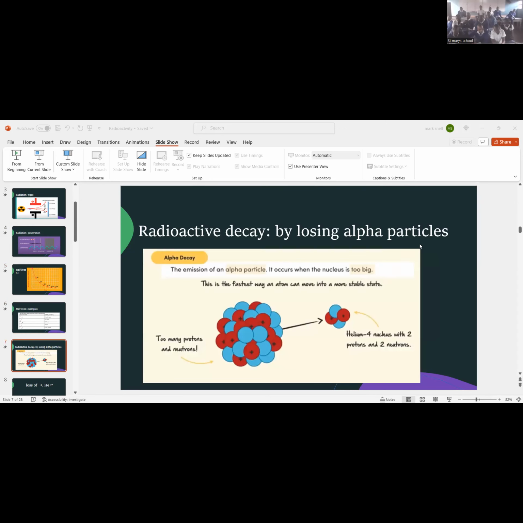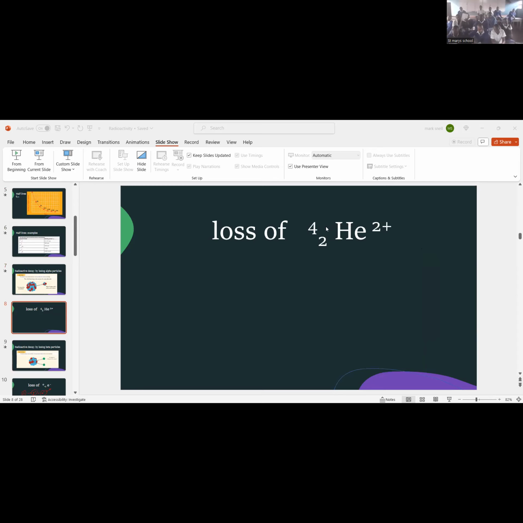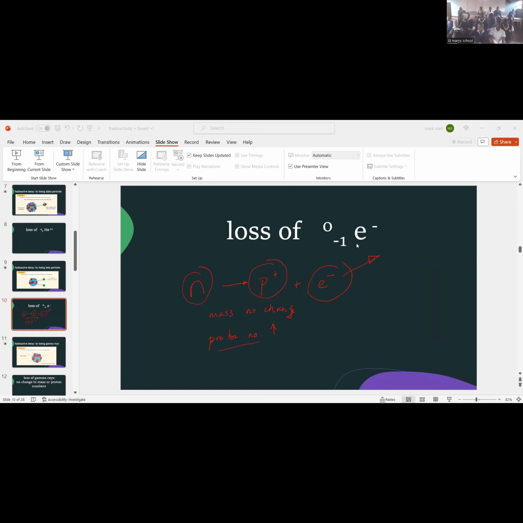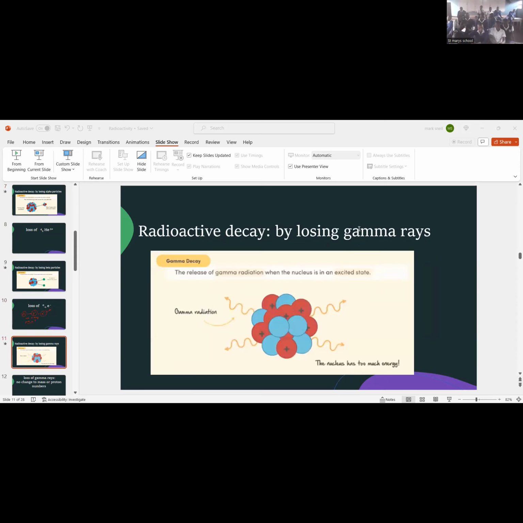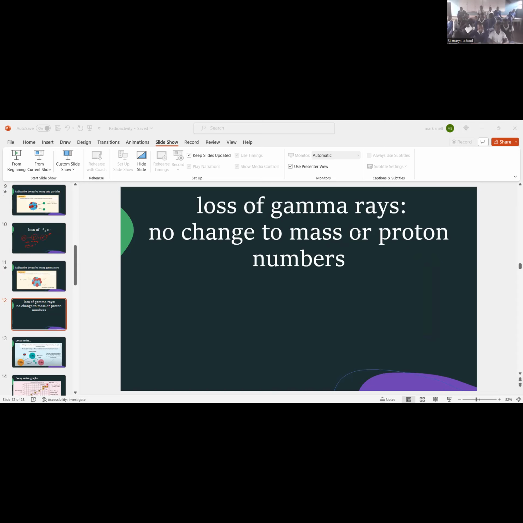We can lose alpha particles, which are He nuclei, 4 2 He, 2+. We can lose beta particles. They are like electrons, 0 -1 electron. And gamma rays do not change the number of protons or the number of neutrons, and therefore the mass and proton number stay the same.